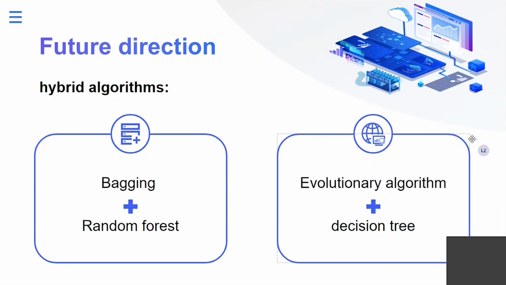Research also shows that backpropagation could improve the performance of neural networks. So maybe future research could use backpropagation plus random forest techniques to test the model performance. Also, evolutionary algorithms have the ability to adapt to different environments and deal effectively with complex problems that are difficult to solve with traditional algorithms. So an evolutionary algorithm plus a decision tree may also be worth discussing.